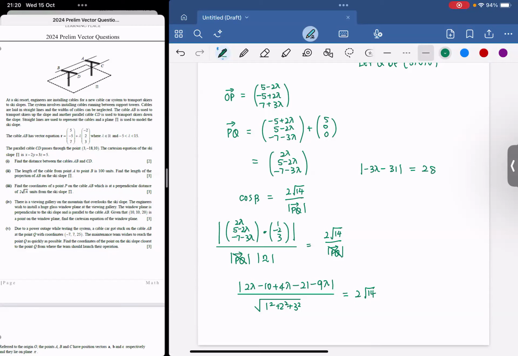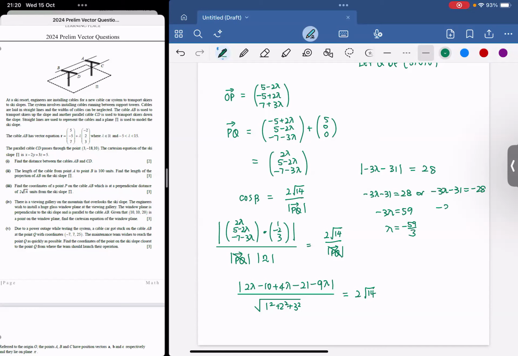Over here, something that you need to take note of: the modulus is still there. When you remove the modulus, please do both parts. So this equals 28 or this equals negative 28. So negative 3 lambda equals 59, lambda equals negative 59 over 3.